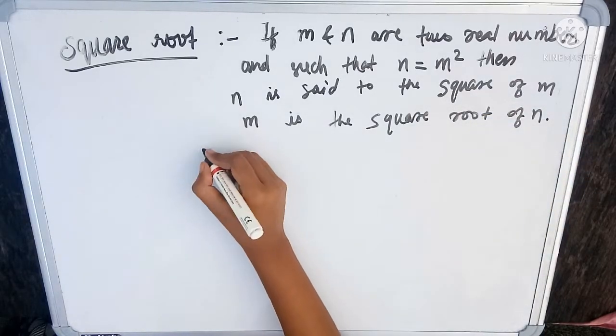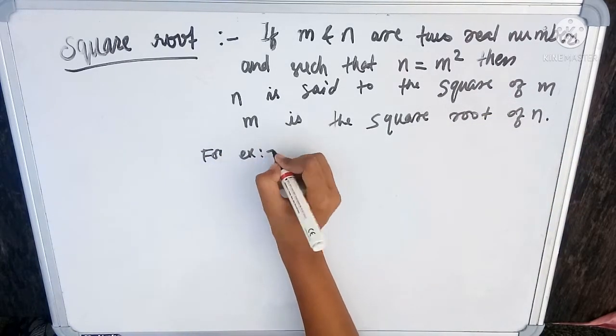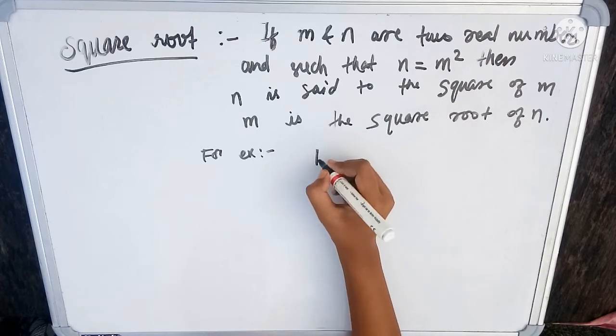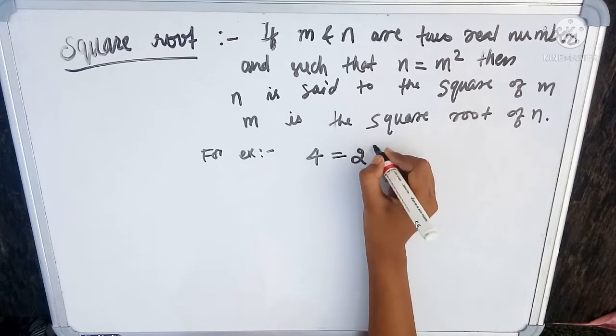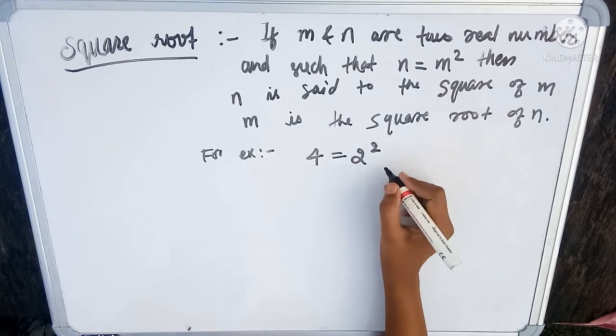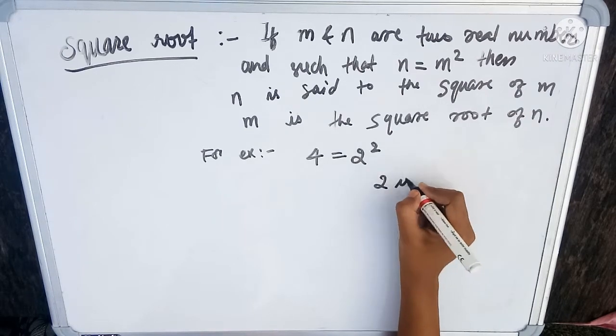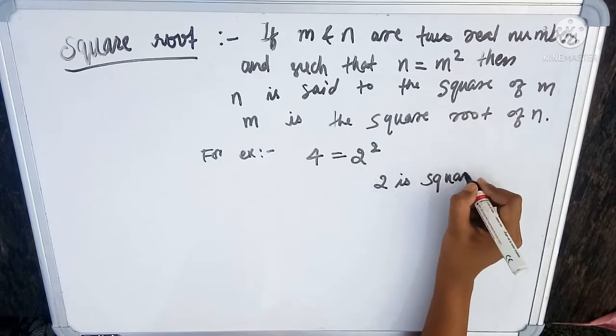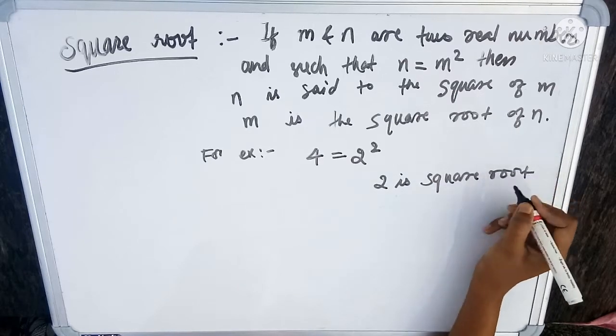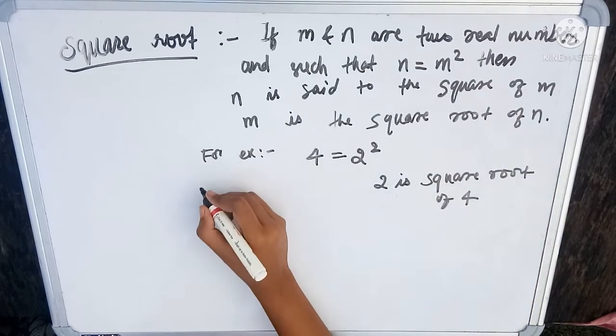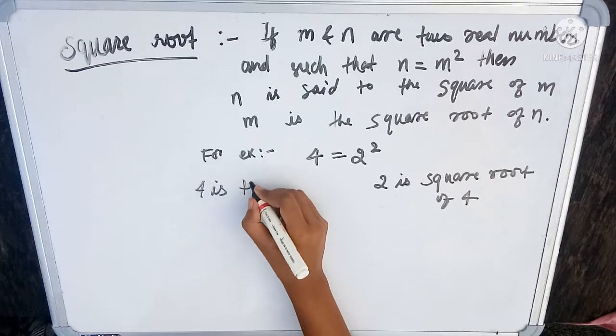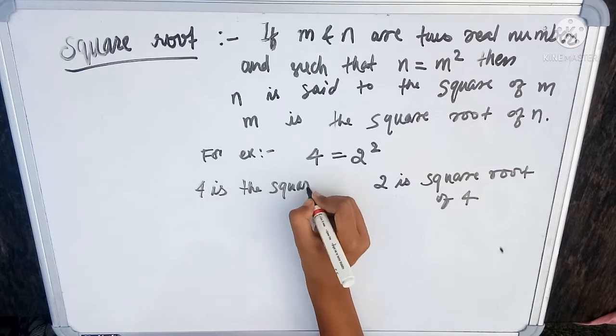Let us understand with an example. Suppose we have a number 4, and 4 is equal to 2 to the power 2. So here we can say that 2 is the square root of 4, and also 4 is the square of 2.